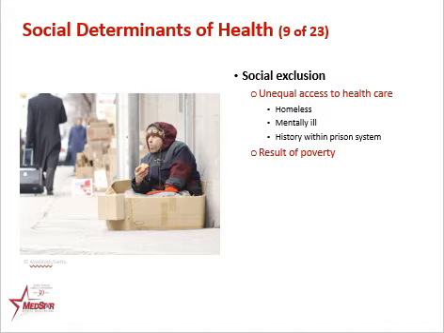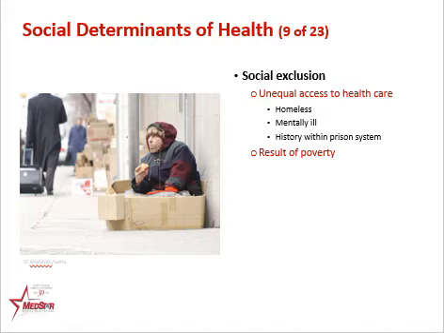Social marginalization may exist where people who are on the fringes of the social system often have unequal access to health care. Commonly, people who are more likely to be marginalized are your mental health population, your homeless population, or individuals with a history in the penal system.